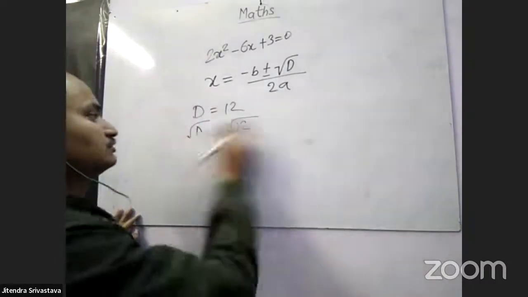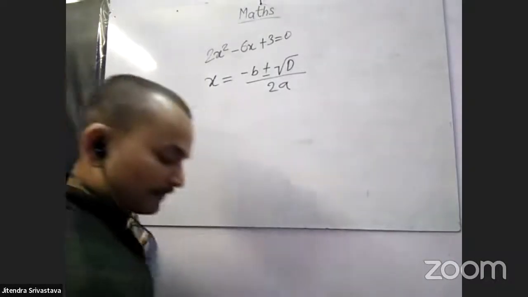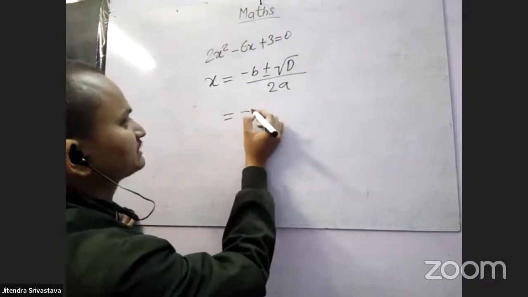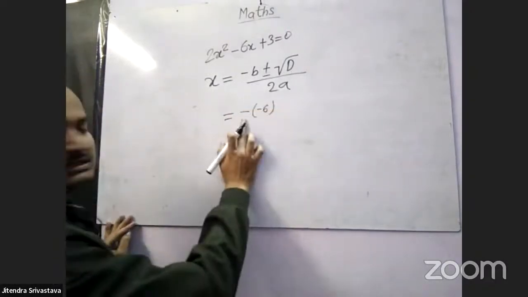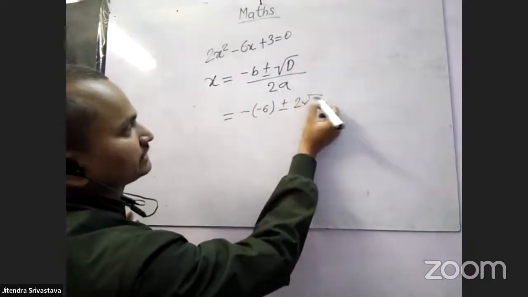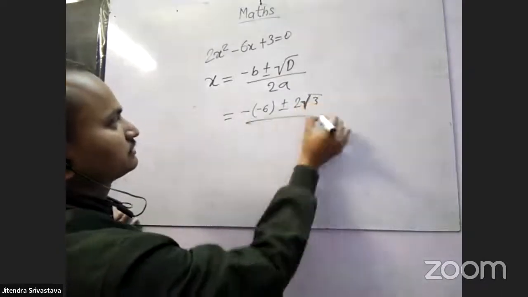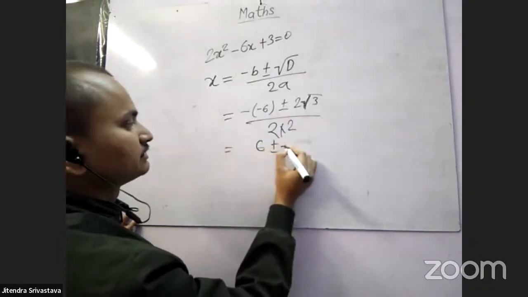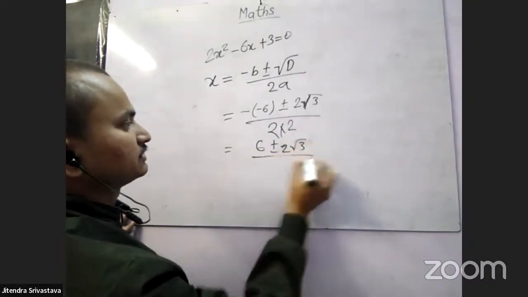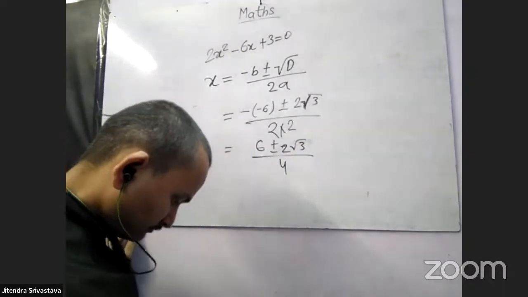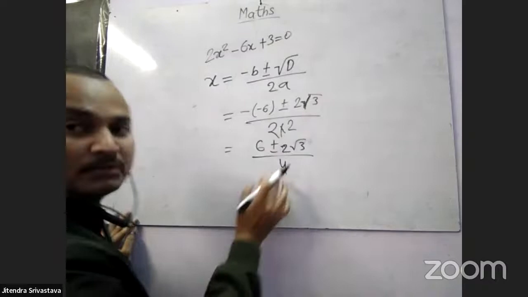We will use 2 root 3 in place of under root D. The value of b was minus 6, so minus and minus 6 plus minus 2 root 3, upon 2 into 2. It will be 6 plus minus 2 root 3 upon 4. Now we will take 2 common from here.